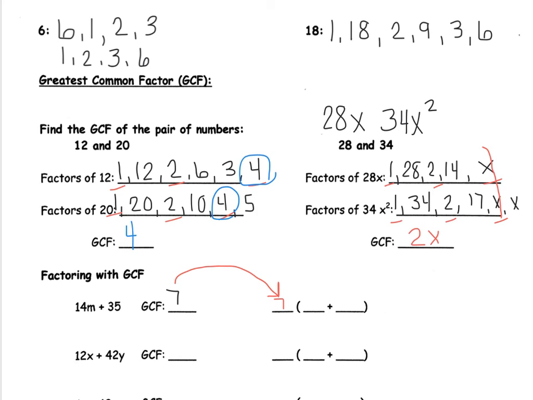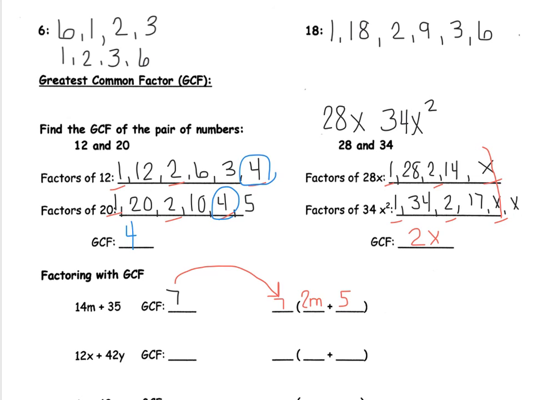Now I take 7 and I divide it out of 14. 14 divided by 7 is 2, and you leave the m. 35 divided by 7 is 5. So again, like I said, it's the reverse distributive property.